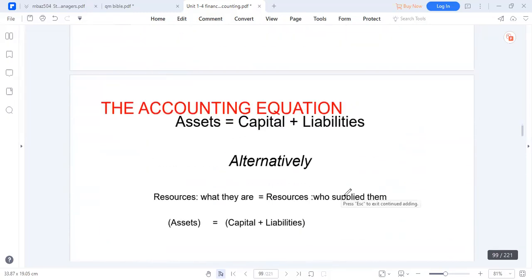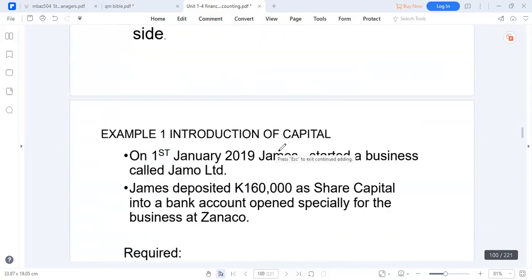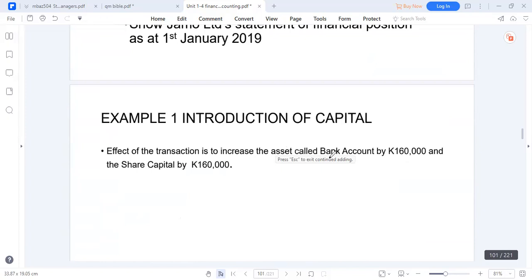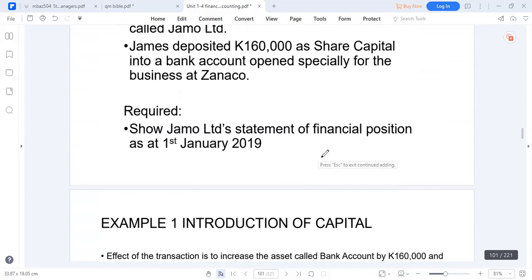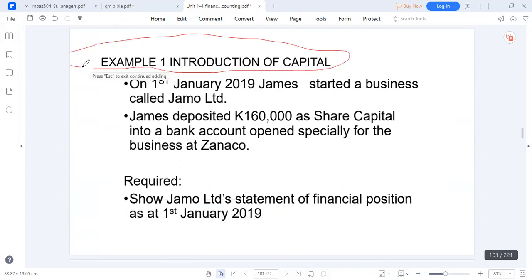Like I mentioned on the accounting equation, total assets equal capital plus liabilities. Now let's get down to the double entry system with this example. On 1 January 2019, James started a business called Jamo Limited. James deposited 160,000 as share capital into a bank account.